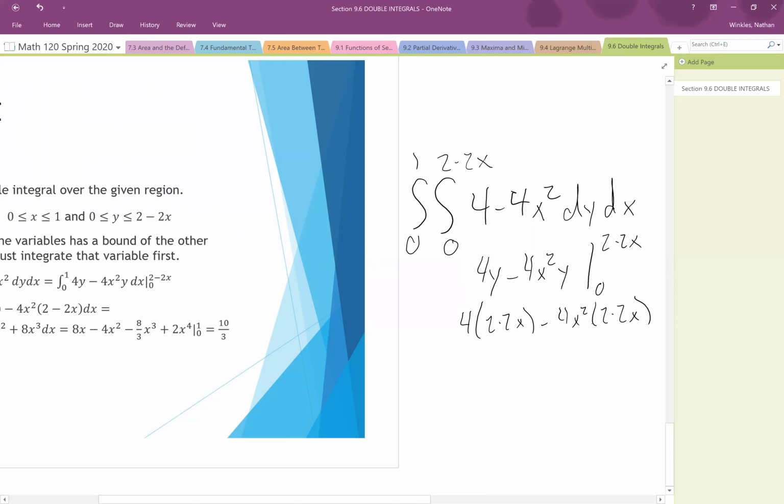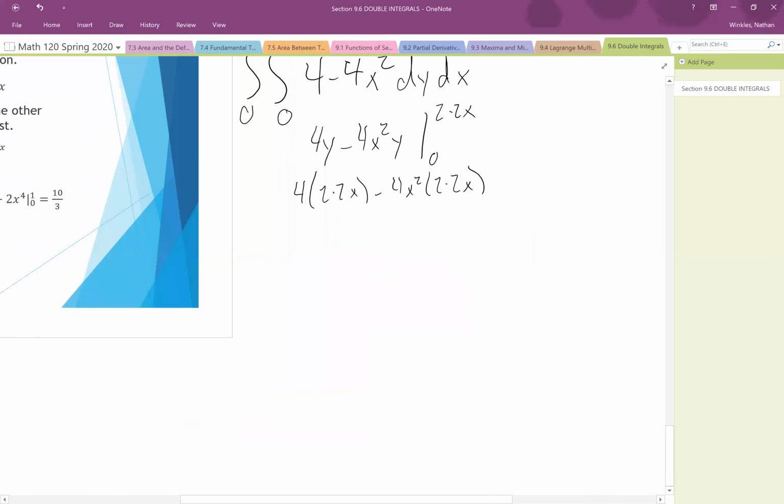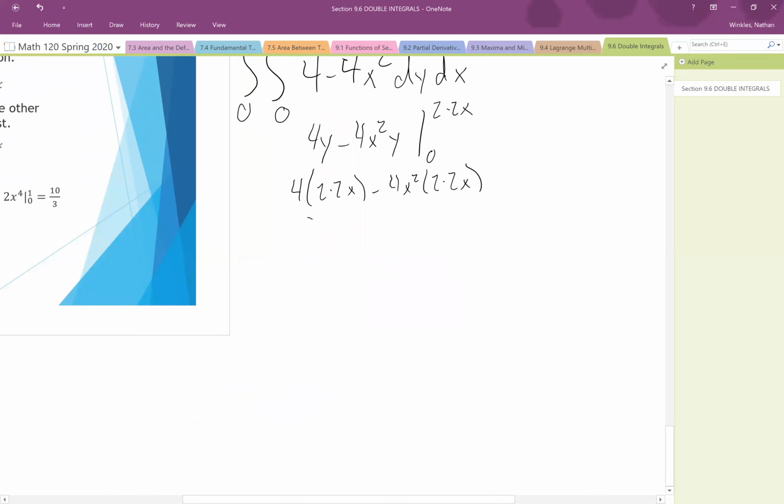0 doesn't do anything for us. So in here we get 8 minus 8x minus 8x squared plus 8x cubed. So we end up with 8x cubed minus 8x squared minus 8x minus 8.